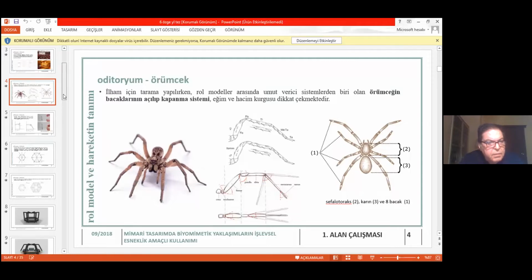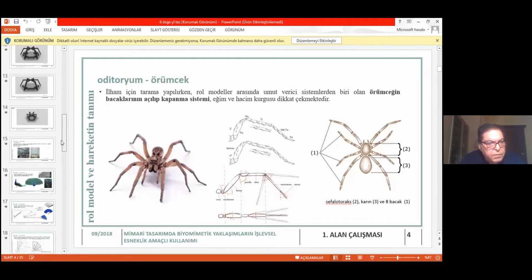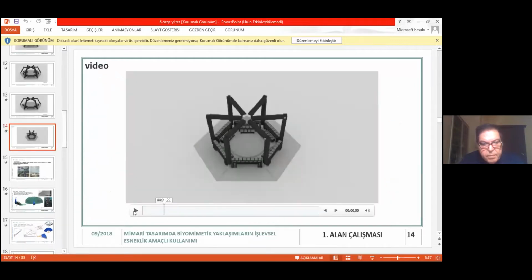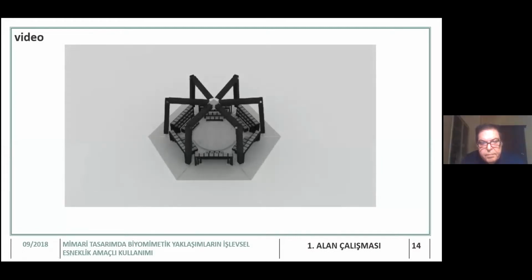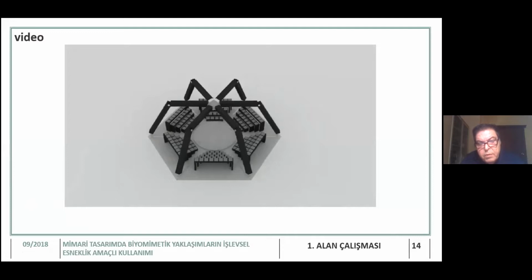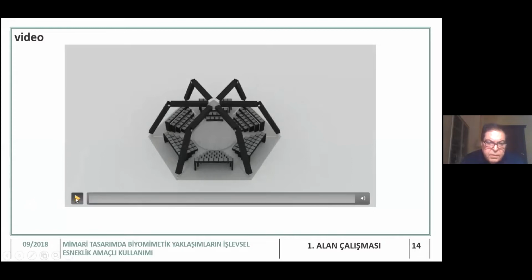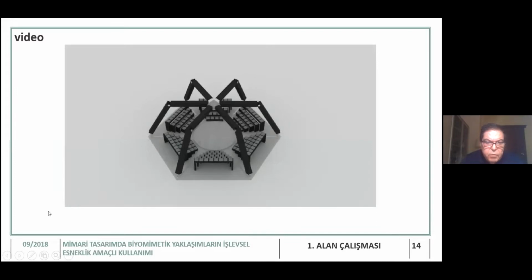Let me show the video of this design. The structure is folding, and also the chairs, seats are folding according to quantity of audience. If the audience is less, the hall is closing.